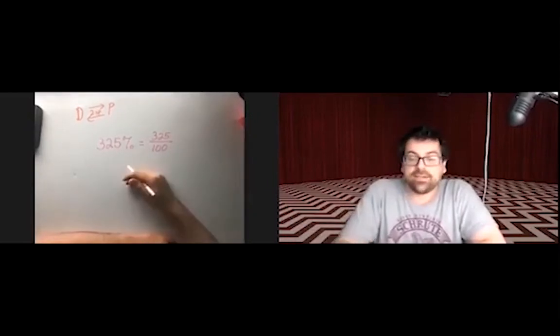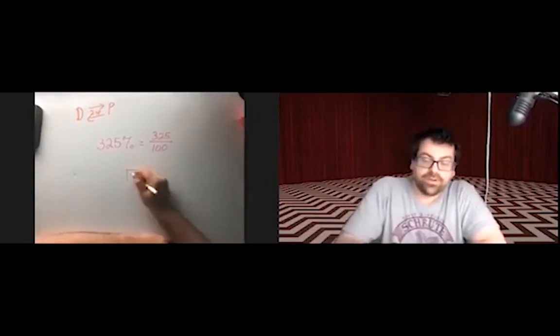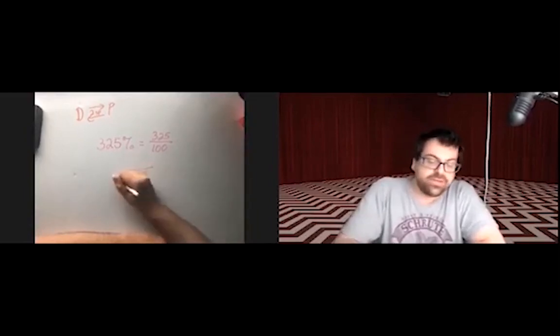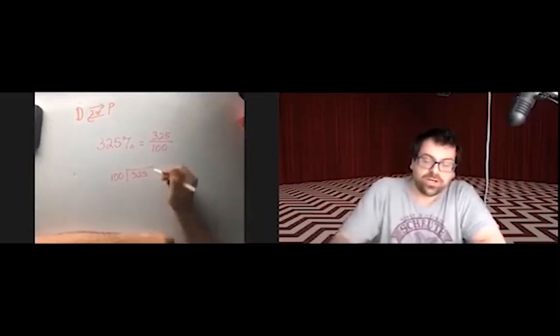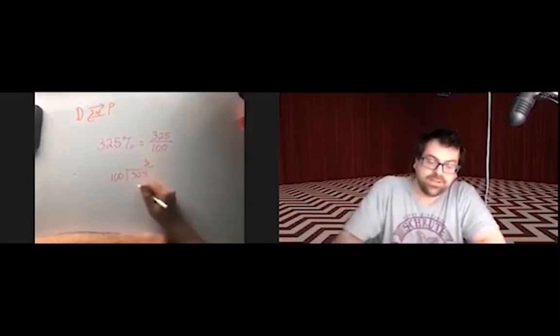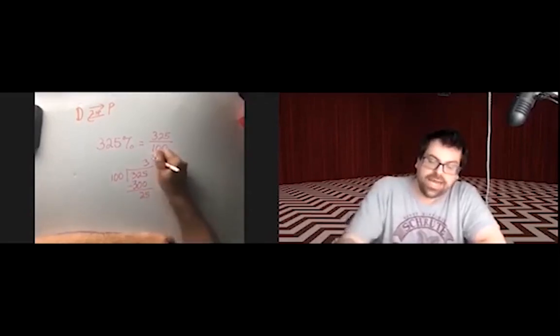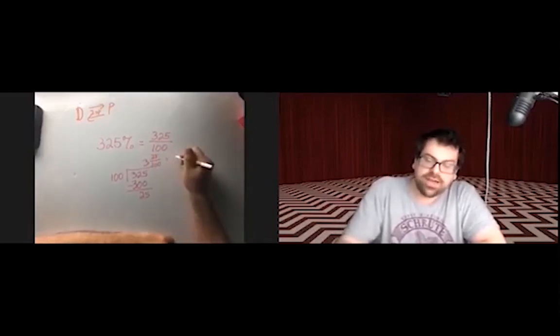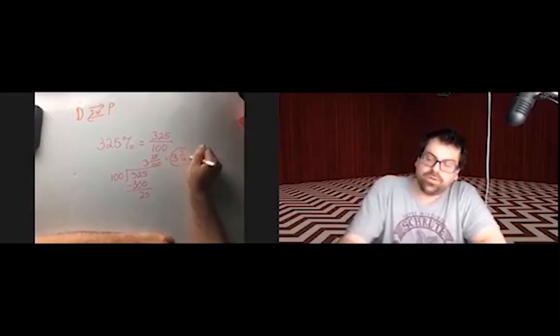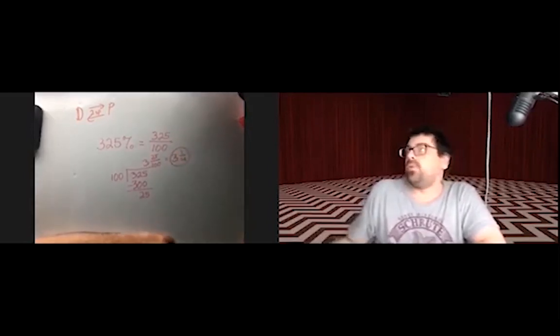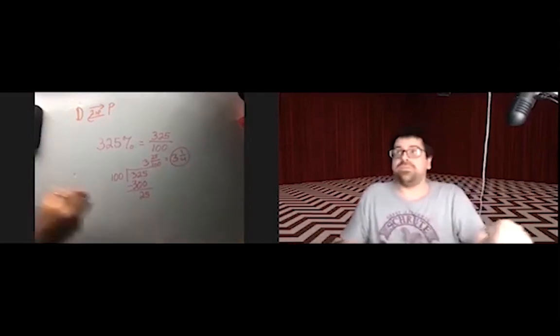Let's take it to mixed number form. 325 divided by 100. 100 goes in 3 times. That would be 3 and 25 100ths. 25 over 100 reduces to 1/4. 3 and 1/4 as a mixed number. 325% is 3 and 1/4.